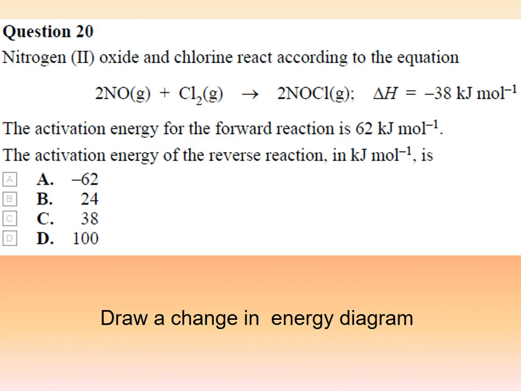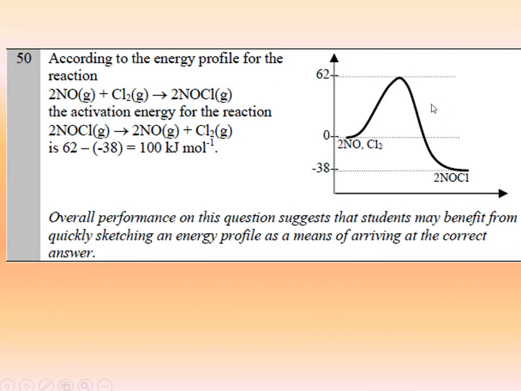Alright, pause it and do this question. I shall start talking about it now. Okay, the activation energy for the forward reaction is 62. The activation energy for the reverse reaction in kilojoules is one of these. So I find it much easier if I do a quick little diagram. What type of diagram am I going to be drawing for the forward reaction? An exothermic one. Yep.